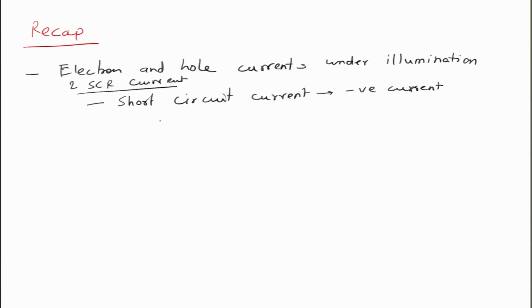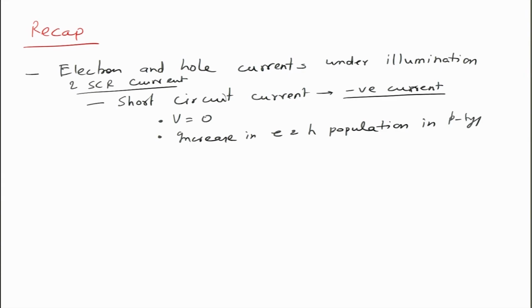and what it meant was that under short circuit your V was equal to 0. So this was short circuit condition when the current you get is negative, and that is mainly because of increase in electron and hole population in you can say p type and n type semiconductors, right.